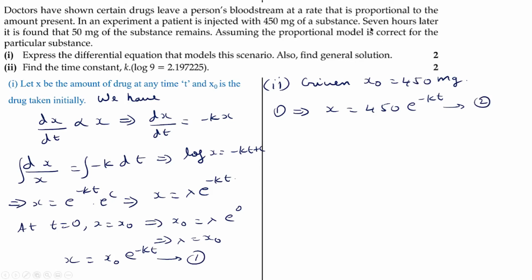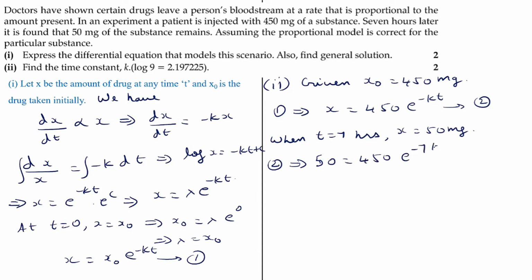And then it is given 7 hours later, it is found that 50 mg of the substance remains. So when t is equal to 7 hours, x is equal to 50 mg. So from the second equation we have 50 is equal to 450 into e raised to minus 7k.